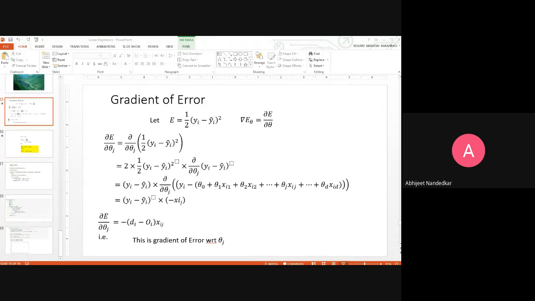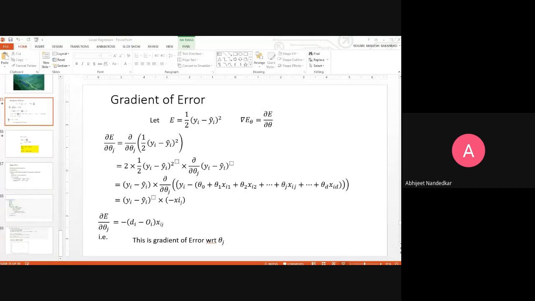Let us now have the situation where the output or estimation y for the given input x is not depending on a single x, but on many x: x1, x2 up to xd. The estimation y is dependent on many inputs, say y is a function of x1, x2 up to xd.